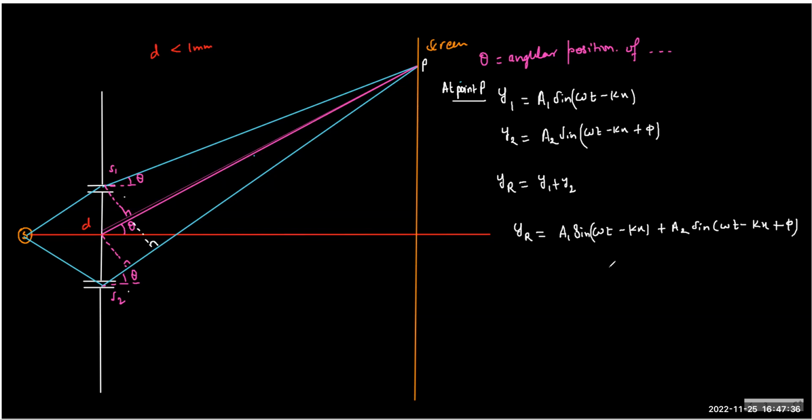So to solve these two, there are two ways. One is of course, you can use trigonometry, but the other is called the phasor.